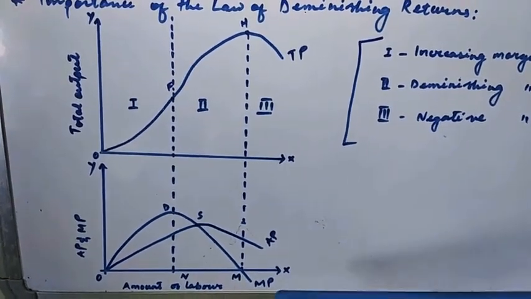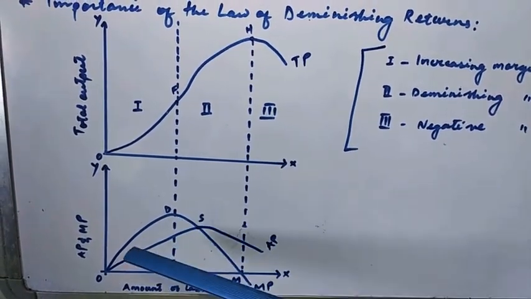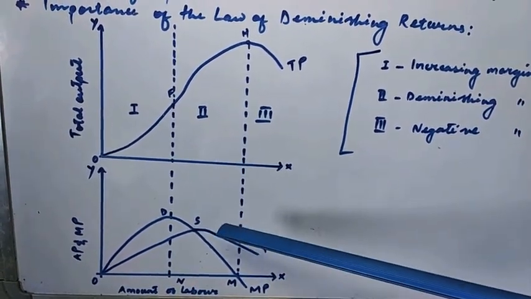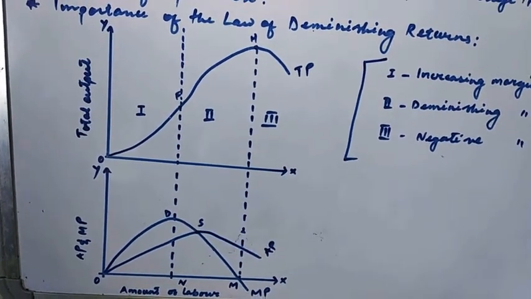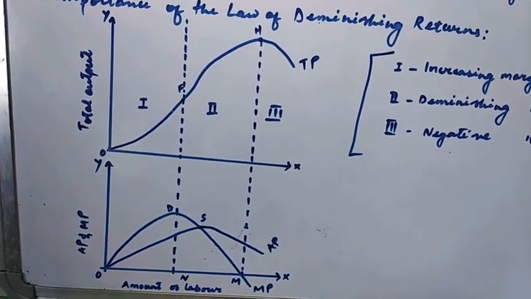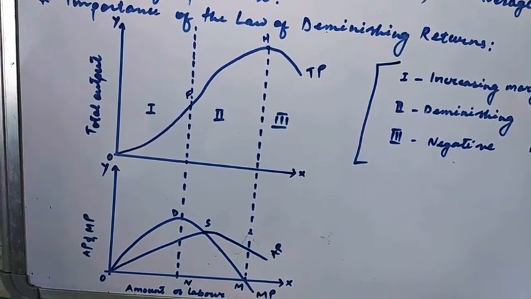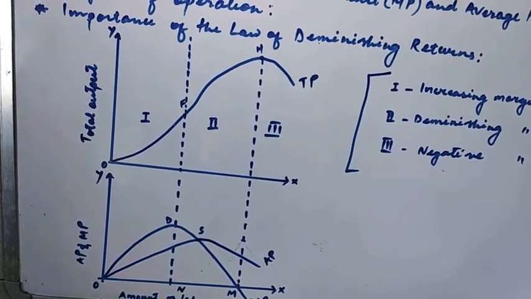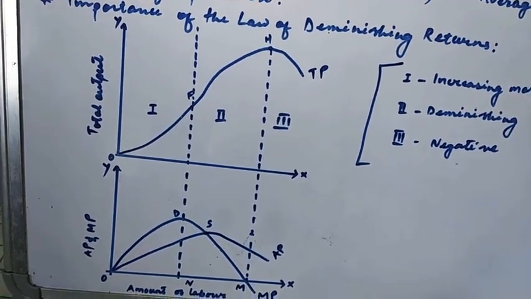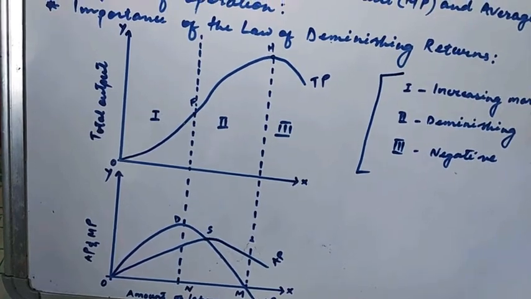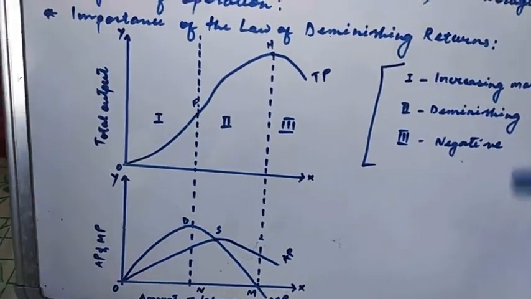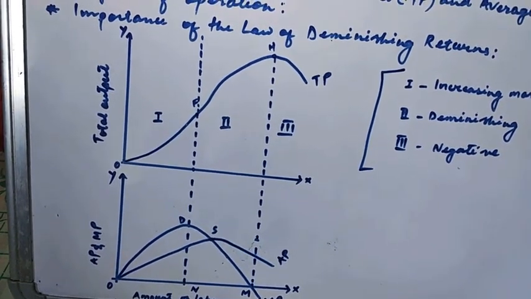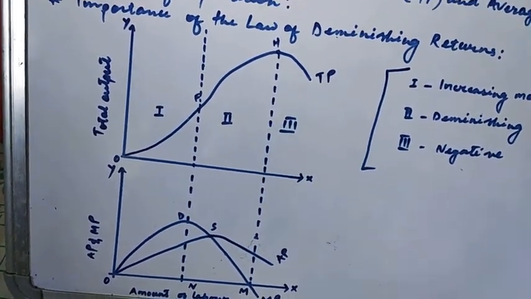The reason why a rational producer will not operate at this stage 1, when we have increasing MP and AP throughout the stage, is that for a producer for whom the wage rate of labor is given, it will not be profitable to produce in stage 1. He will not produce at this stage 1 because when he further expands or increases the labor employment, he can expand his production.